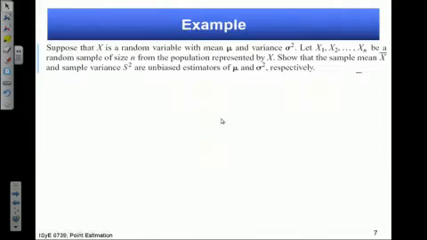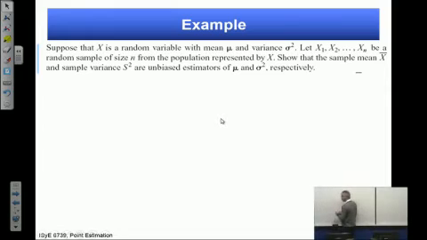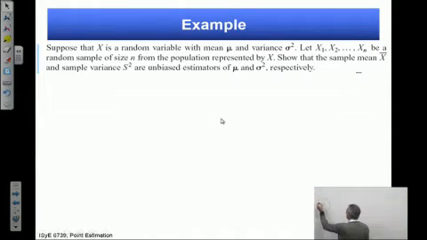Okay. So let me give you a couple of examples. Now you see what I mean by unbiased estimator and not knowing the parameter of the distribution. So let's see. We have a random variable, its population, x.